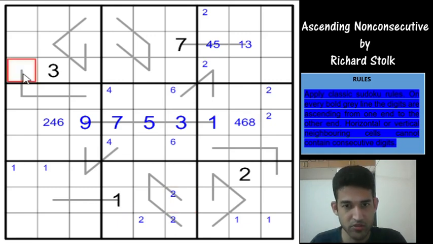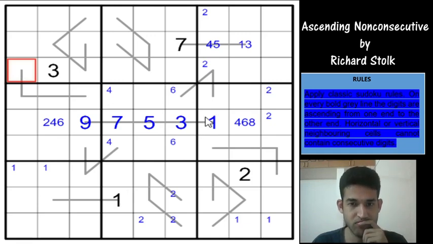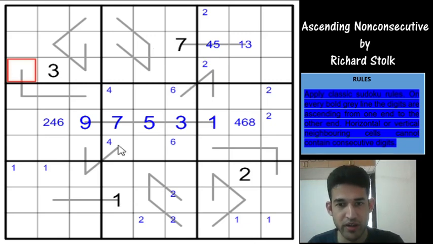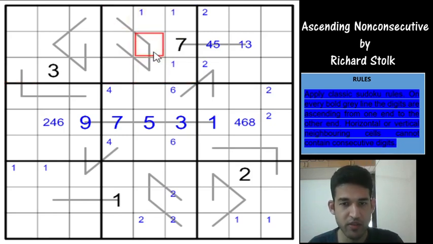Okay, this line also seems interesting, although I'm not sure why. So okay, so 1 is not in column 4, so 1 must be in one of these cells, right? 1 cannot go in the middle of the line, so 1 is also outside this line.